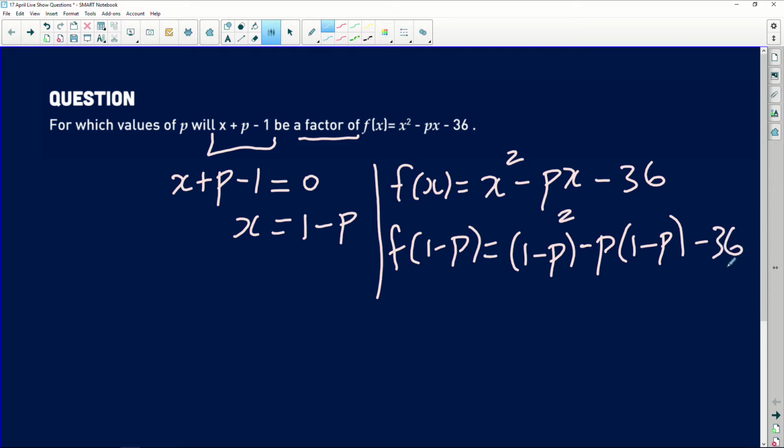The question asks for which values of p will this be a factor. Well, for this to be a factor, when you substitute this 1 minus p, the answer has to be a 0. So I'm going to equate this f of 1 minus p to 0 and try to simplify to see what will happen here.